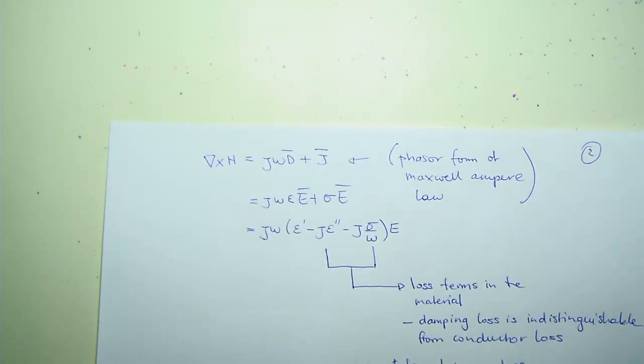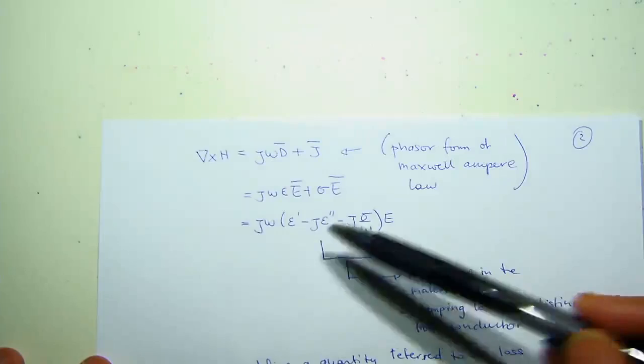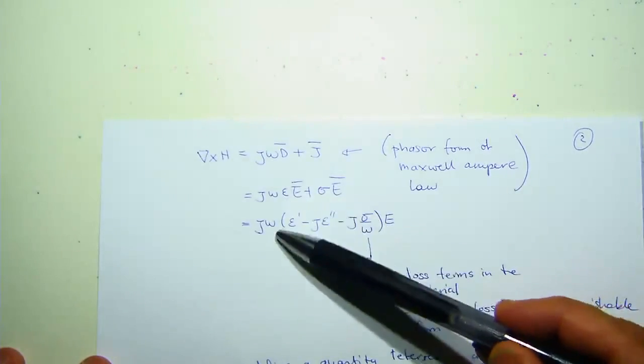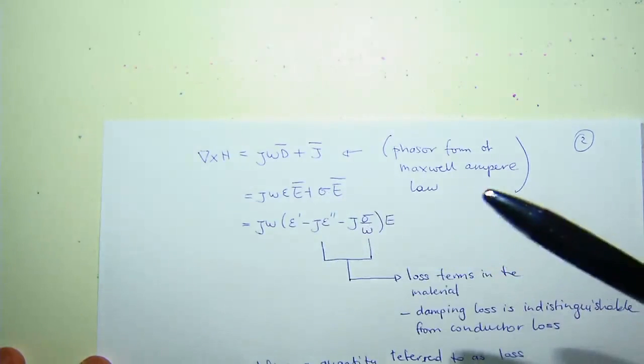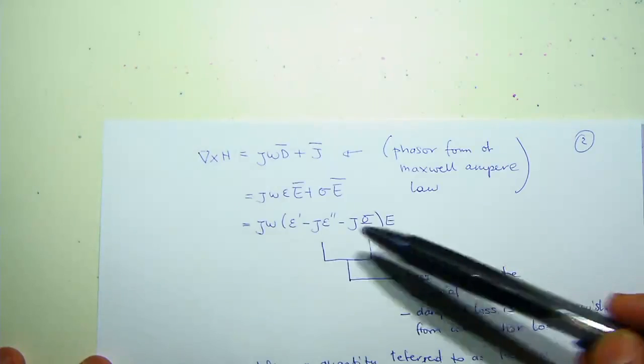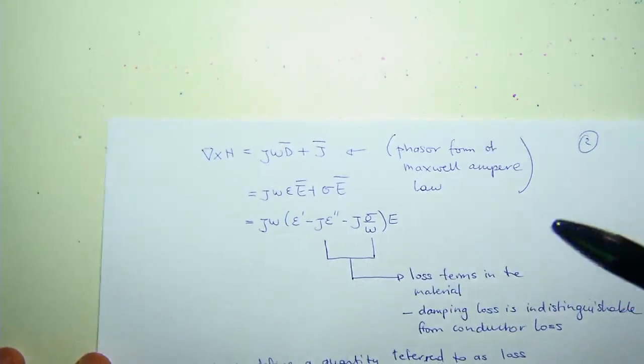So, if we look at this, what can we say? Well, we've got two components. We've got the epsilon component, and then we've got the imaginary component. And what we said was that the imaginary component was the loss component.